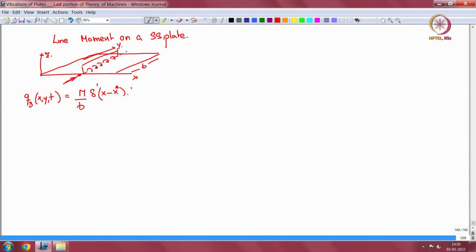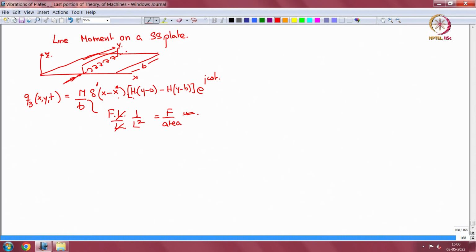Then h to restrict it from y minus 0 to h y minus b, and this is e to the power j omega t, harmonic. So this moment is force into length, this b gives me one length, this delta dash gives me length squared. So I have force over unit area, force over area. So units are also okay.